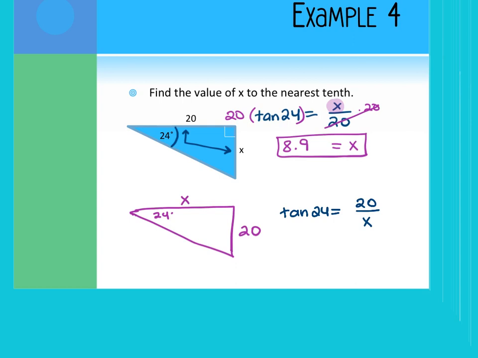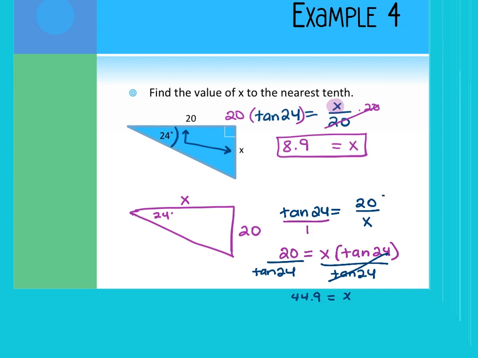In this example, the number's in the bottom. So I can put tangent 24 over 1 and cross multiply. I'd get 20 equals x times tangent 24, and then divide both sides by the tangent of 24. This would cancel and I'd get 20 divided by the tangent of 24. And x would be 44.9.